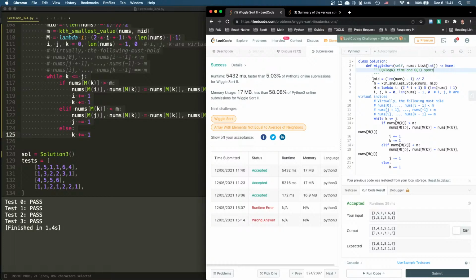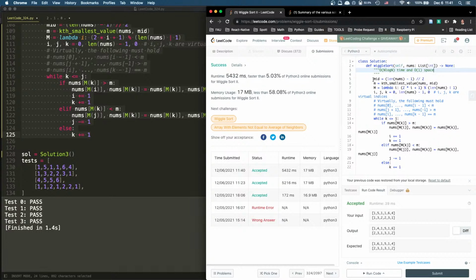So we sort it first. So we get a mid, and then we sort. So nums.sort. And m equals nums mid.